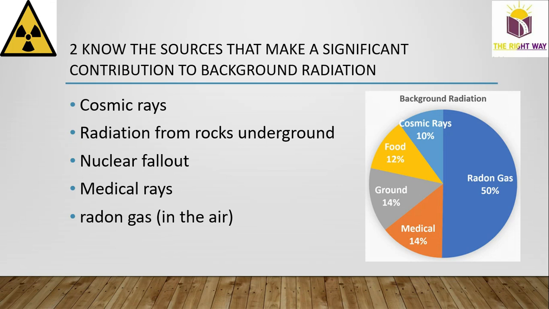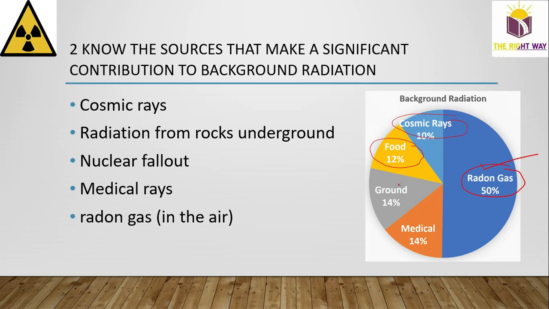In background radiation, first of all, we are going to discuss radon gas. Radon gas produces 50% of the background radiation. We can see from here that 50% of background radiation is produced by radon gas, while cosmic rays from the sun or the stars are 10%, while food produces 12% of the background radiation.